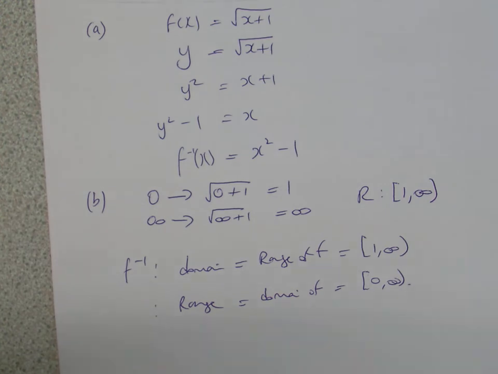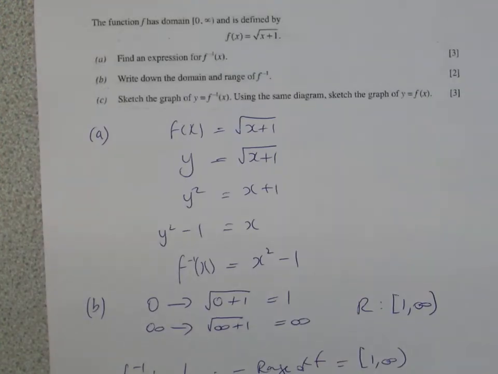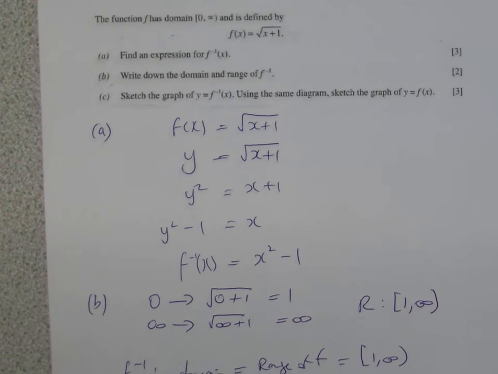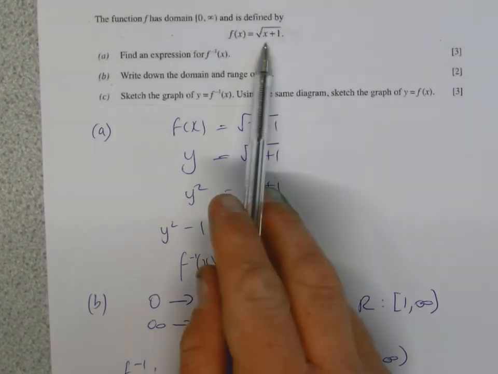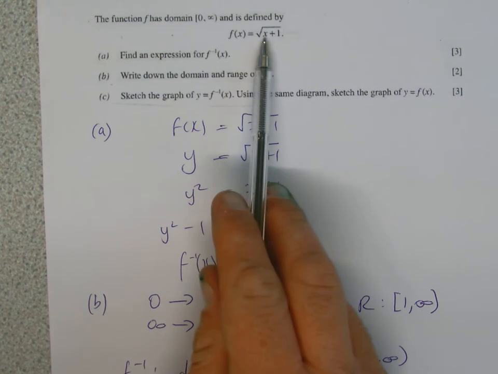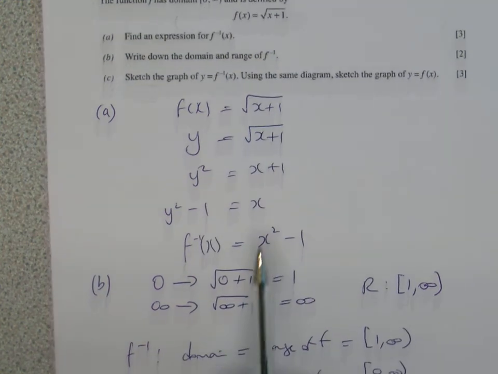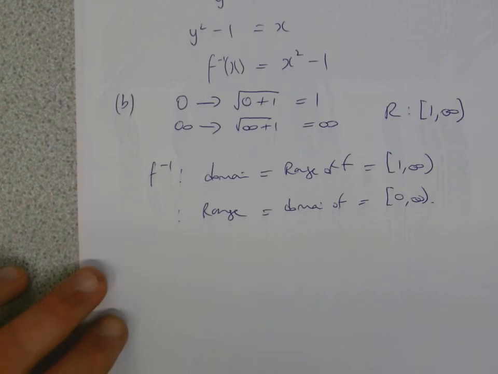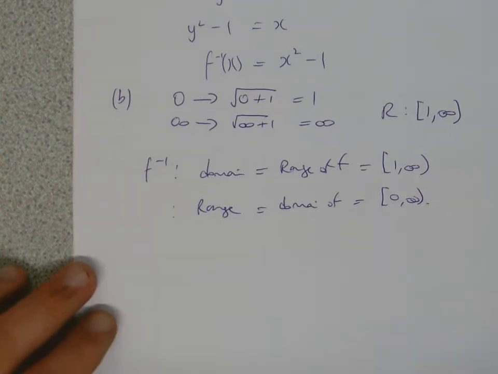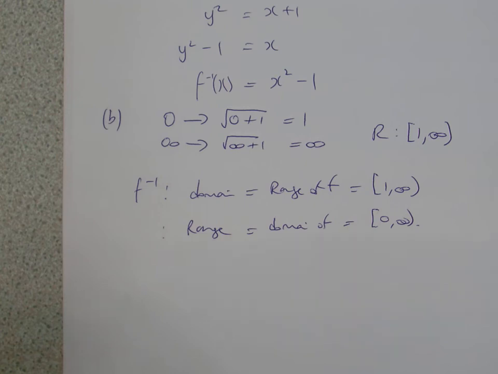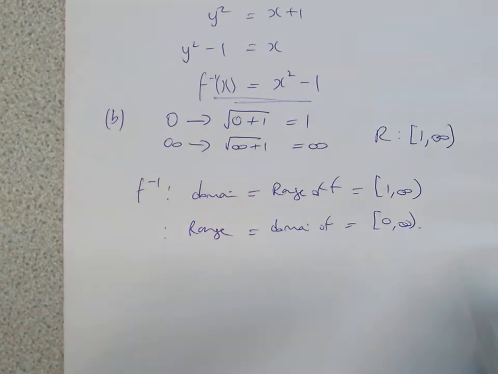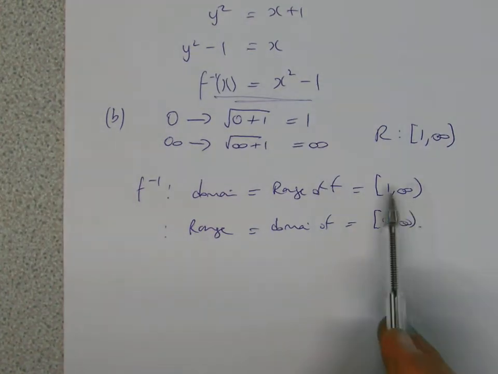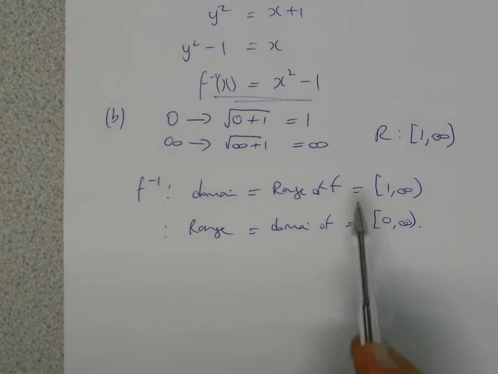Part C then says sketch the graph of f to the minus 1 of x, using the same diagram, sketch the graph of y equals f of x. Now when you see that, it's not necessarily so easy to draw, but this one should be easy to draw, x squared minus 1. And it's really important, when you draw the inverse function first, that you take note of the domain.